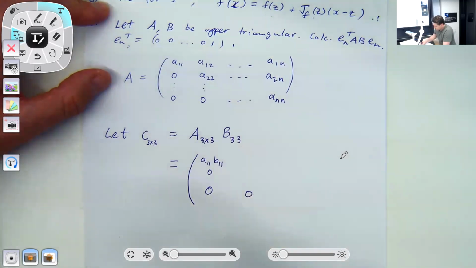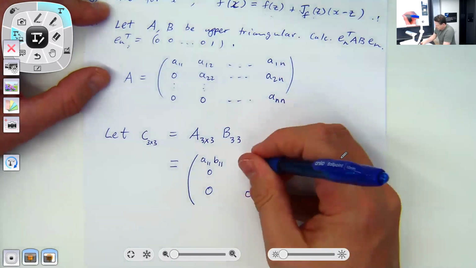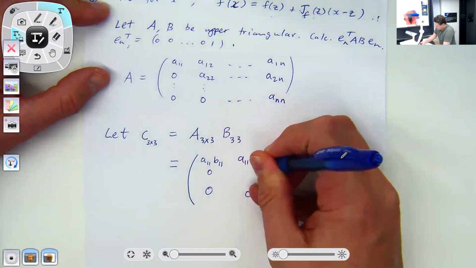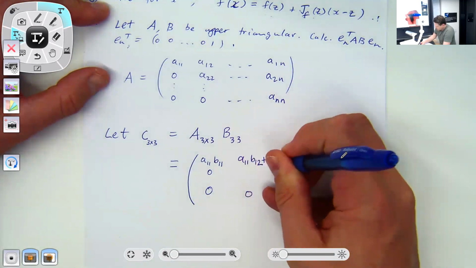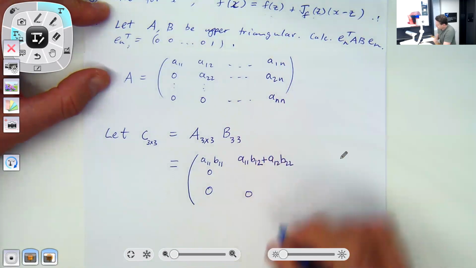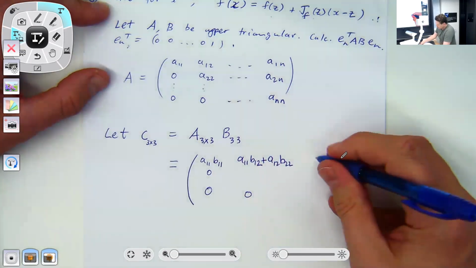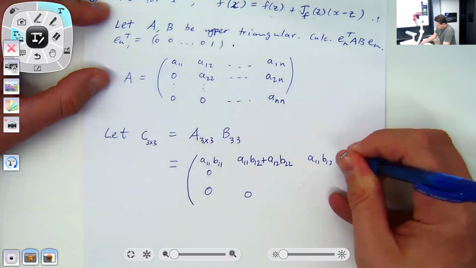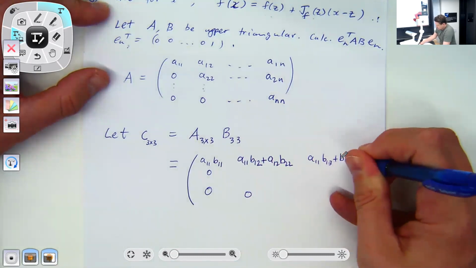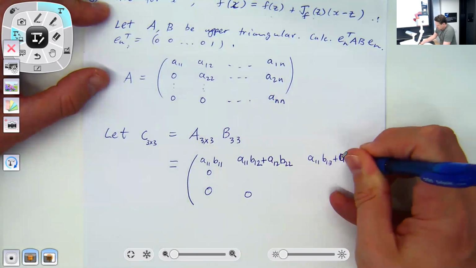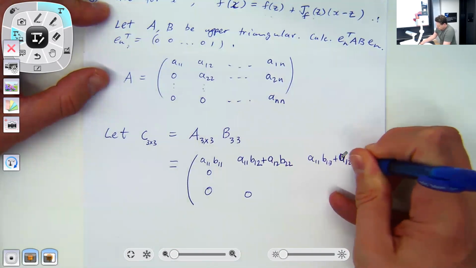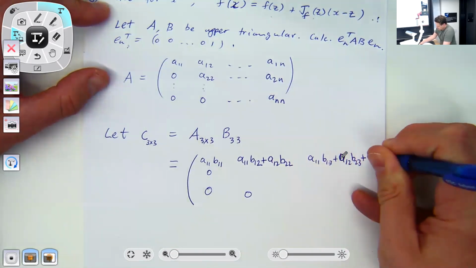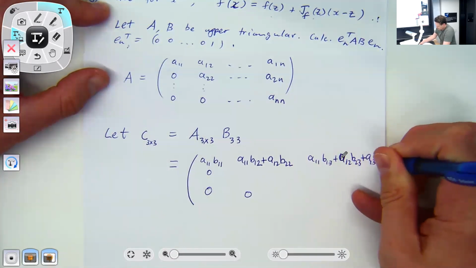Then we'll have A11 B12 plus A12 B22 there. And over here we'll have A11 B13 plus A12 B23, and then plus A13 B33.